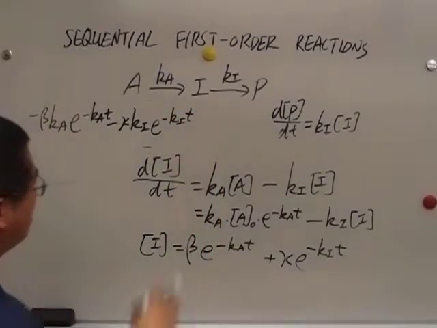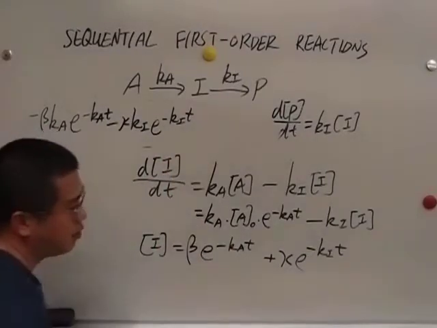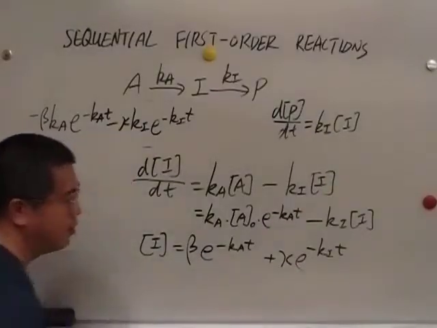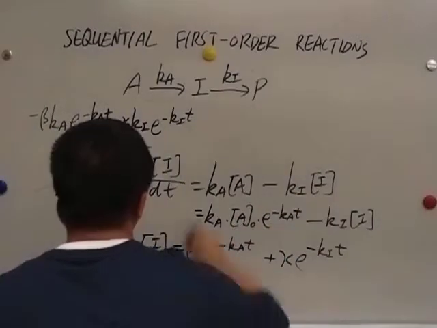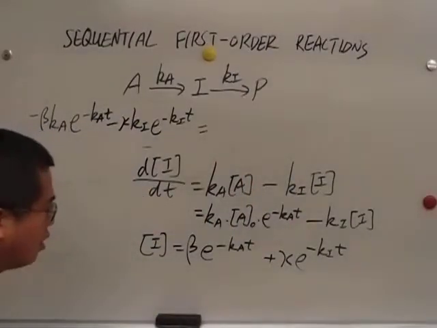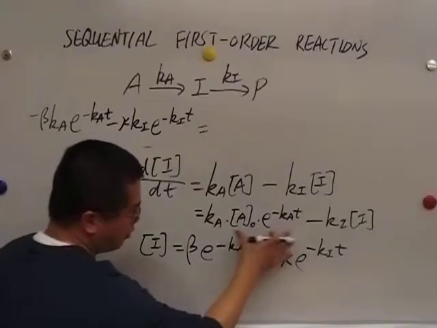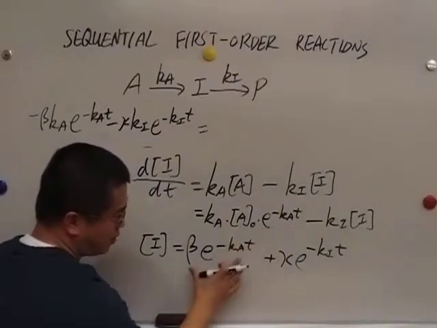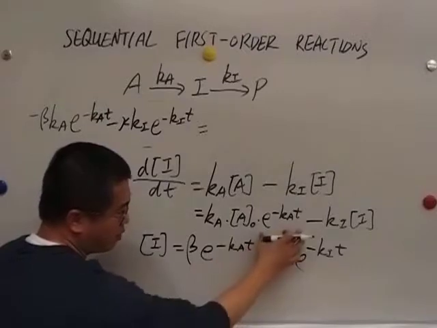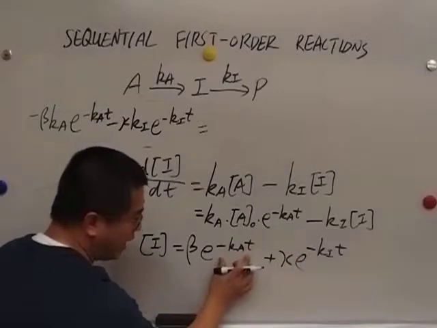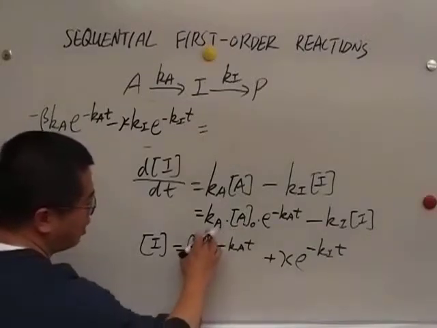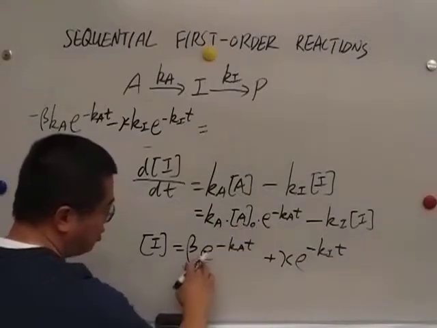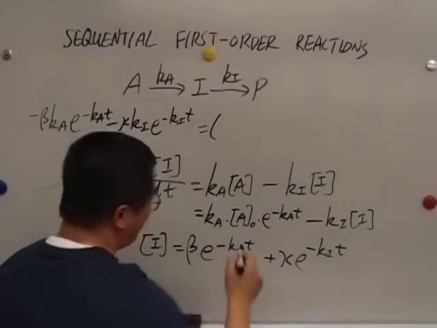Okay, that's this part. And then we're going to plug this in here. That's fairly easy to do. It's just this guy plus this guy, and they have a common factor e to the power of negative Ka t. So I'm going to combine this and this. Ka times A naught and beta can be combined.